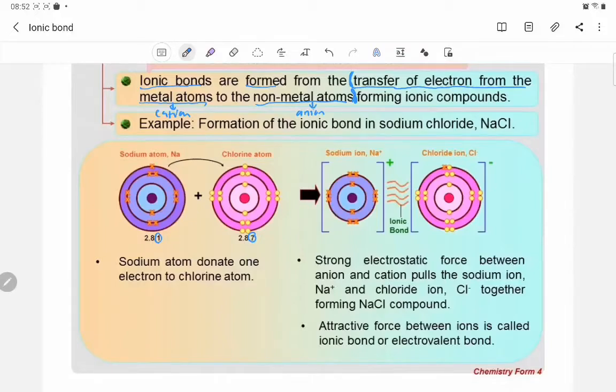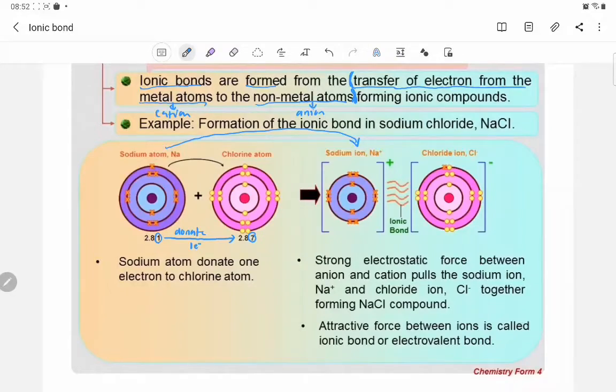So what happens to the sodium atom? It will donate 1 electron to chlorine atom. After sodium atom donates 1 electron to chlorine atom, it will form sodium ion.